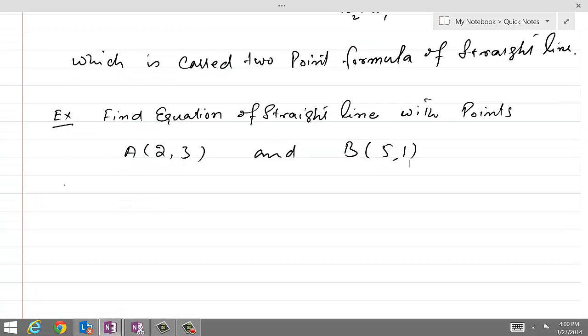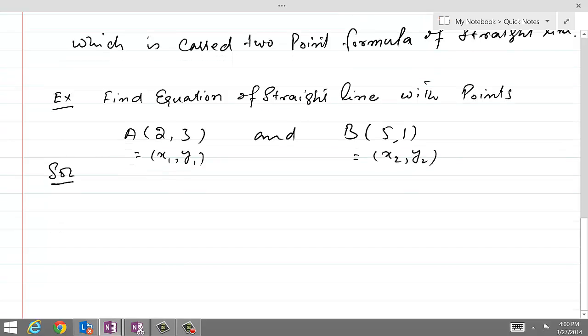And for finding the equation of the straight line, let's label this point as (x1, y1) and this point as (x2, y2), because these are 2 points on the line.